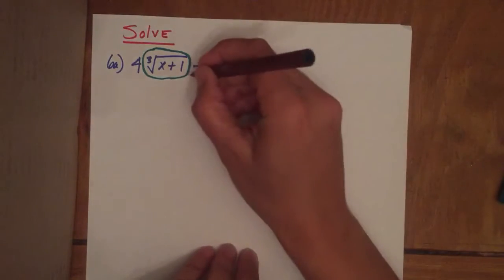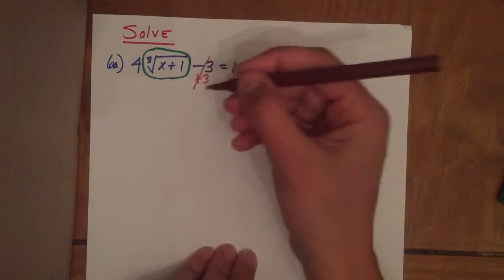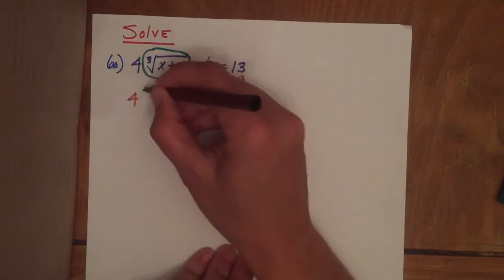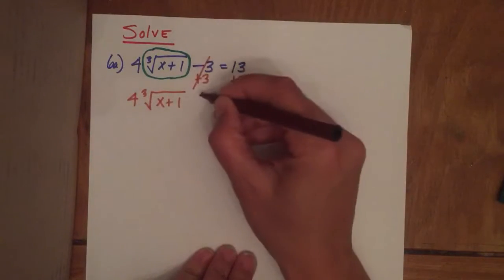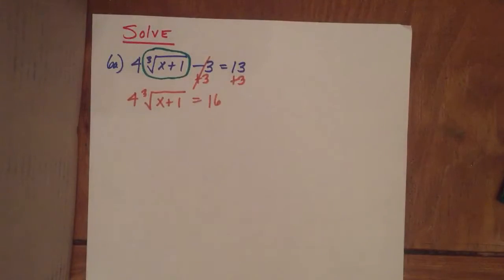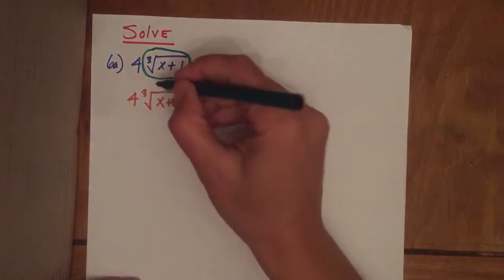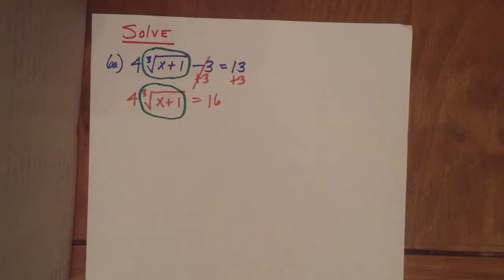So what I'm going to do first is add the 3 to both sides. That's going to leave me with 4 times the cube root of x plus 1 equals 16. Once again, I want to isolate the radical, so I need to get rid of that 4.